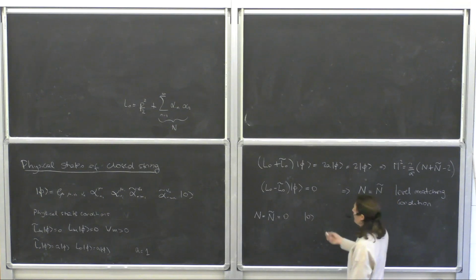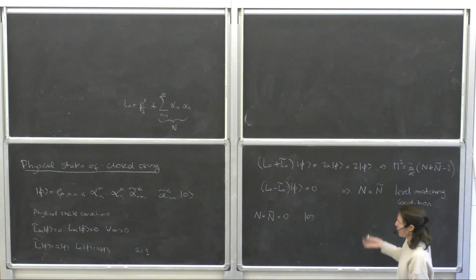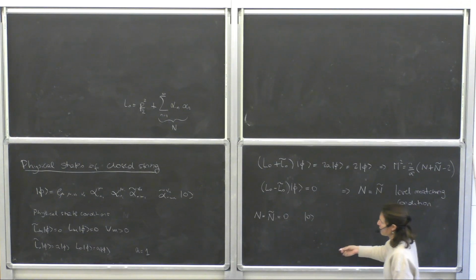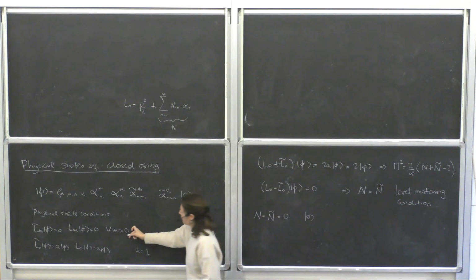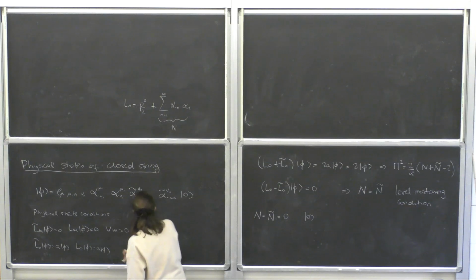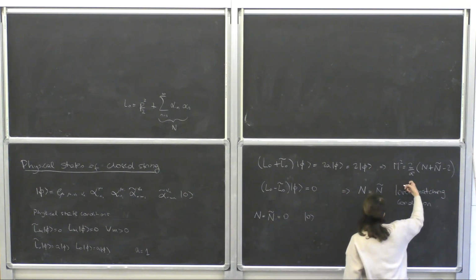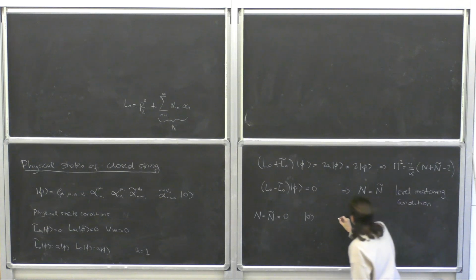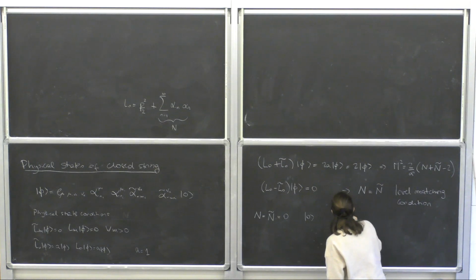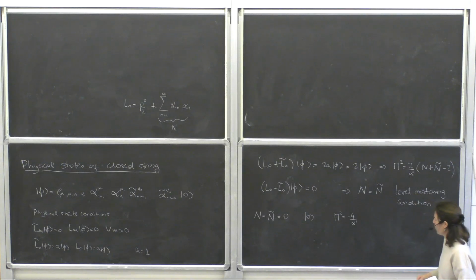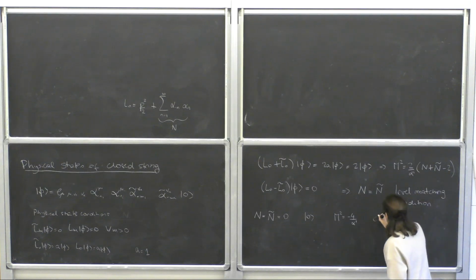And it's defined such that it's annihilated by all the annihilation operators. So these conditions are automatically satisfied. And with N equals N tilde, this condition tells me that that state has mass squared equals minus 4 over alpha prime. So we also have a closed string tachyon.